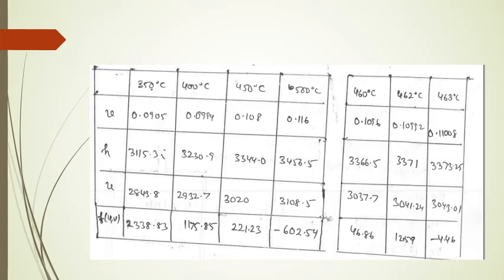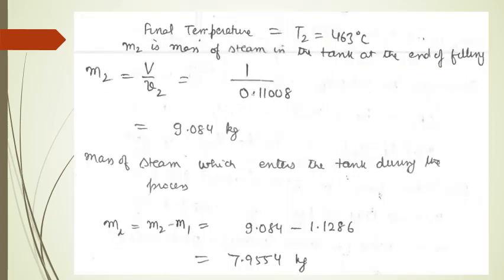Then we converged it more and came to know that the solution basically lies between 462 degrees Celsius and 463 degrees Celsius. So we can say final temperature is T2 equals 463 degrees Celsius. Though the value lies between 462 and 463 degrees Celsius, it's very close to 463 degrees Celsius.